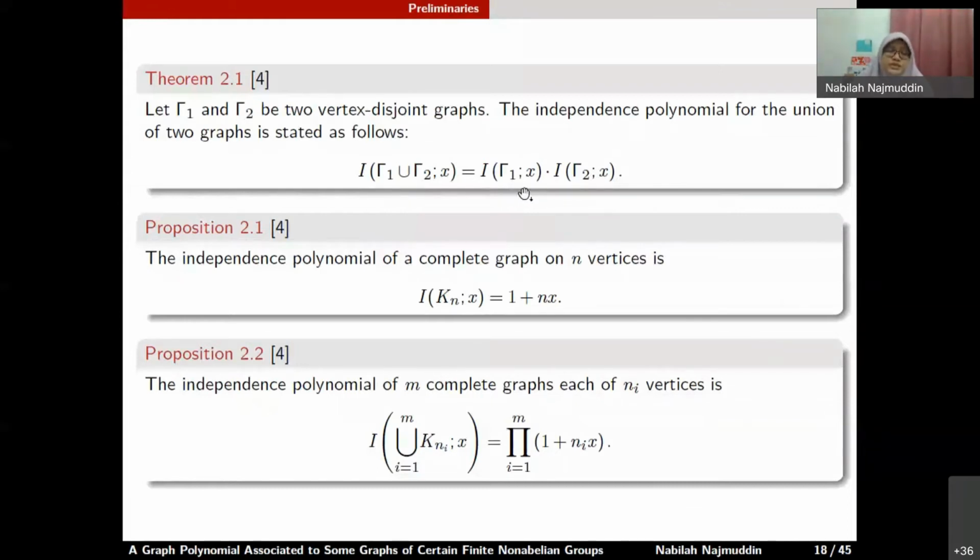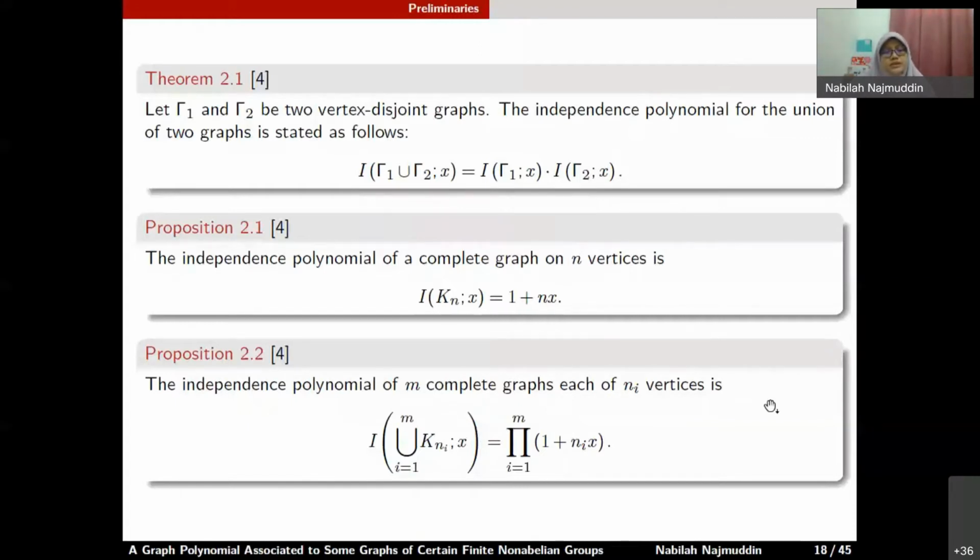Next theorem is on the independence polynomial of a complete graph of n vertices, and the polynomial is based on these vertices. If we combine these two, then we have the independence polynomial of the union of m complete graphs as this polynomial.